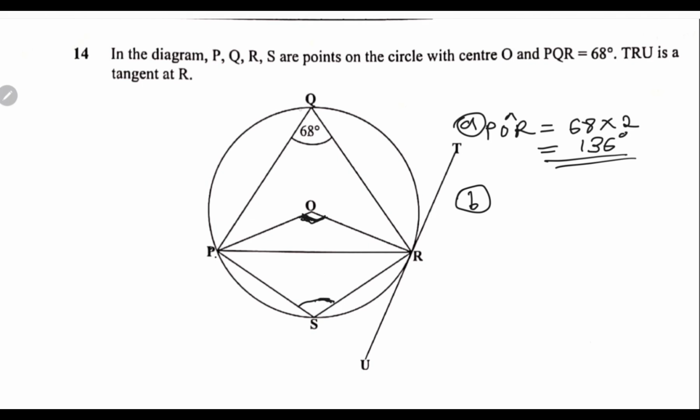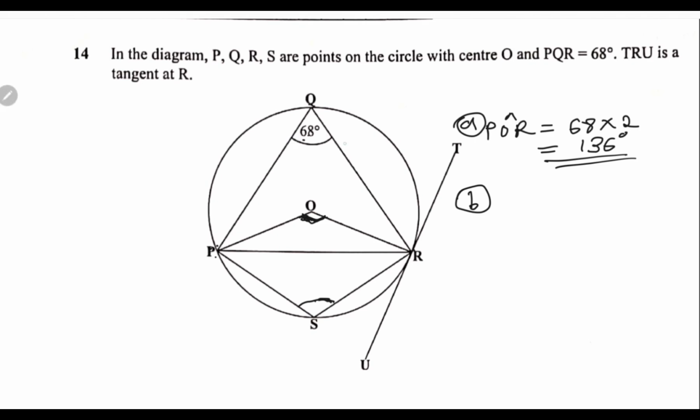The only thing that we can see is that P, Q, R, S, the whole lot of this is a cyclic quadrilateral. It is a quadrilateral with all its vertices touching the circumference. As long as you have a cyclic quadrilateral, opposite angles of a cyclic quadrilateral are supplementary, meaning they add up to 180.